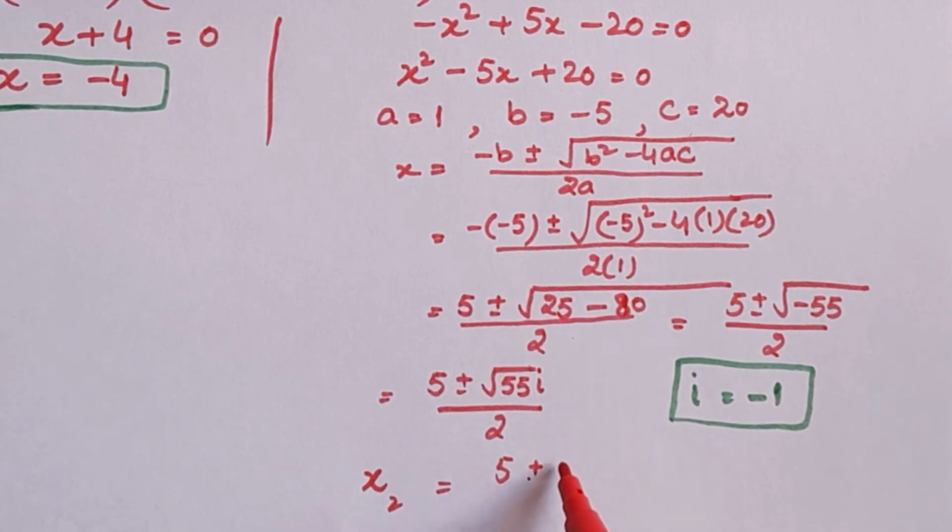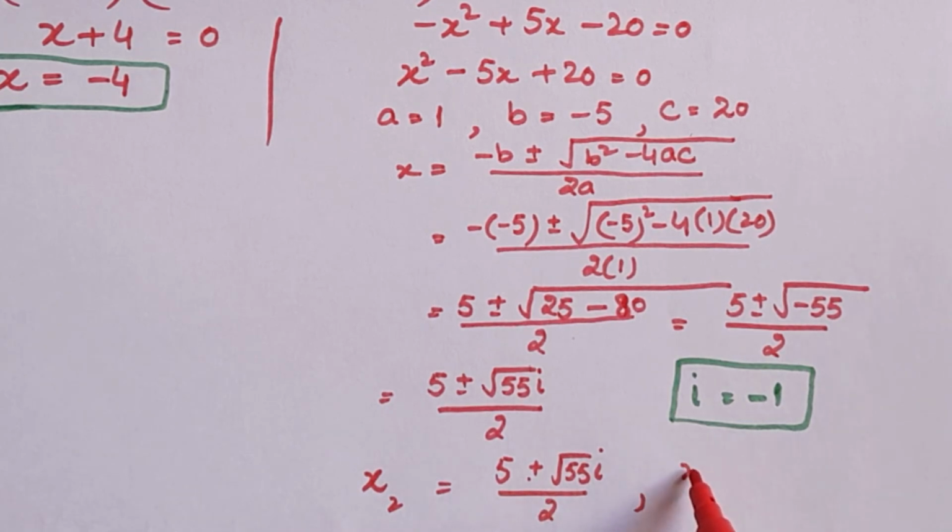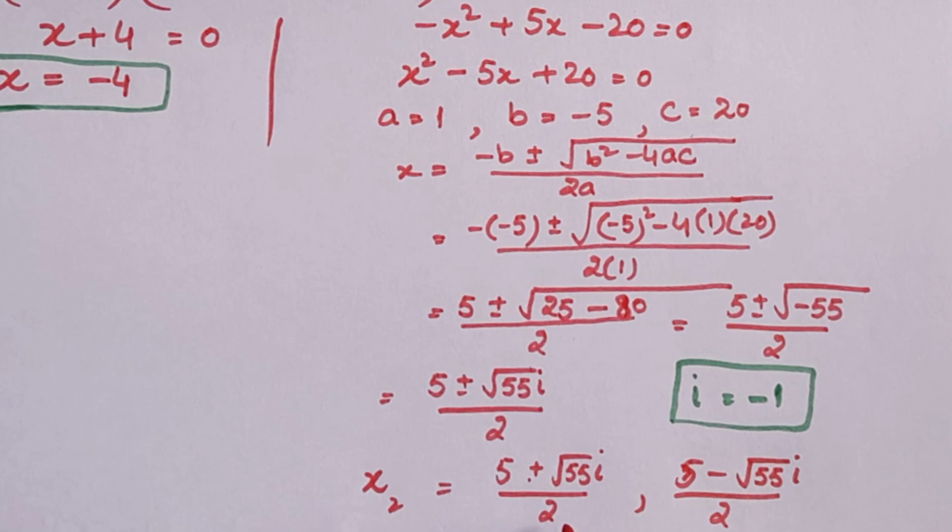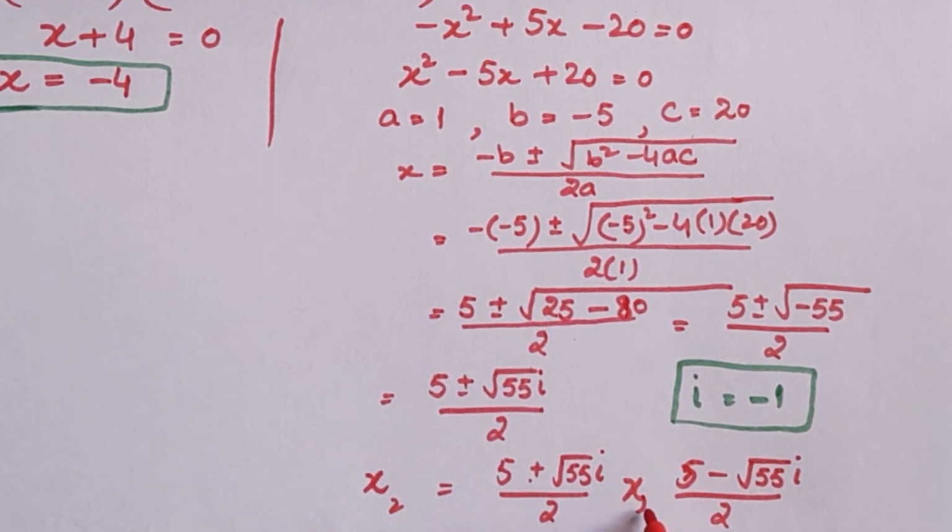One is 5 plus root 55 iota divided by 2 and the other is 5 minus root 55 iota divided by 2. These are the two values from the second case, but we can see that iota is an imaginary number, so we are going to simply reject this case. The x2 and x3 solutions are rejected.